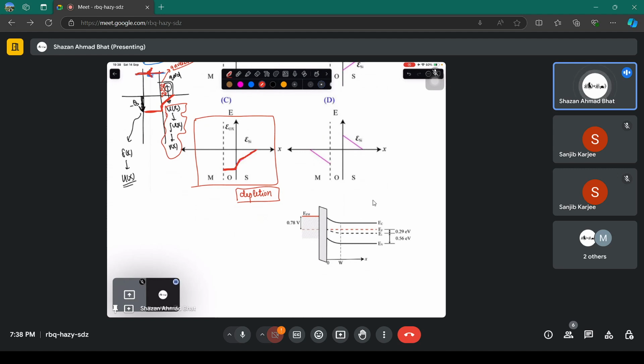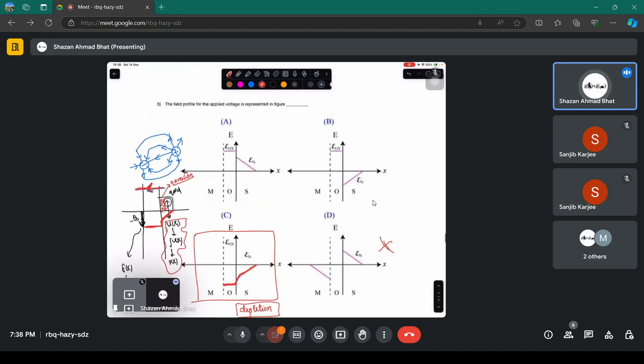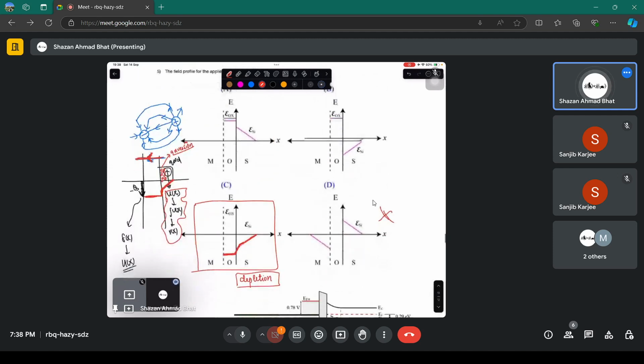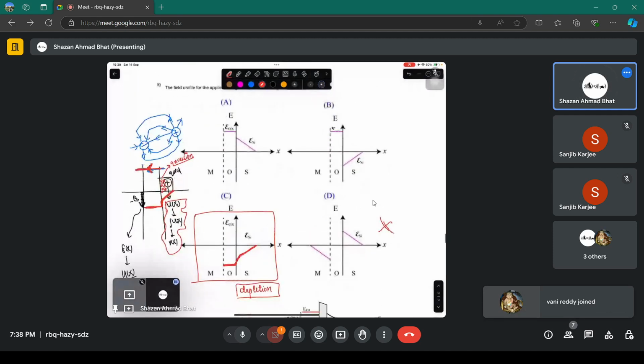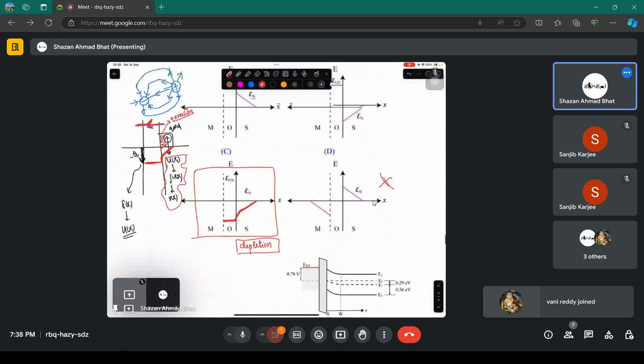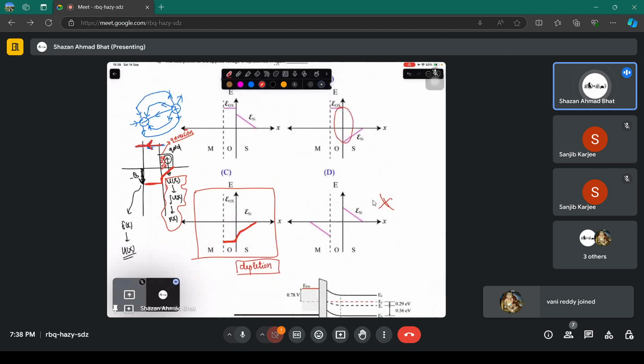This is the scenario of the electric field. This particular thing is not the case here, and the other two are also not possible. This cannot even happen. Electric field cannot abruptly change the sign, okay, from the positive to the negative. This cannot happen.